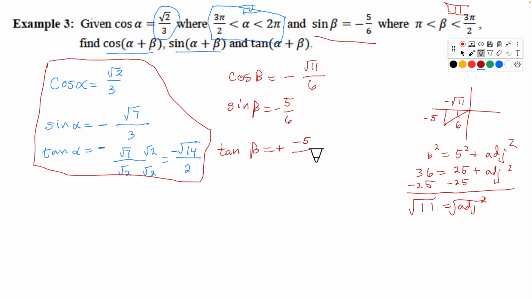Adjacent is negative square root of 11. Negative divided by negative is going to be positive, so I feel good about that. Rationalize the denominator just so it's ready to go. So we have 5 square root of 11 divided by 11. Okay, so that's our tangent of beta.